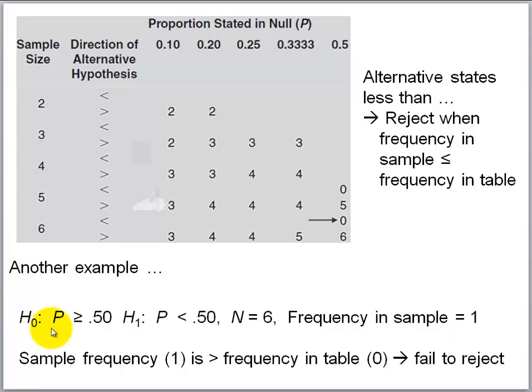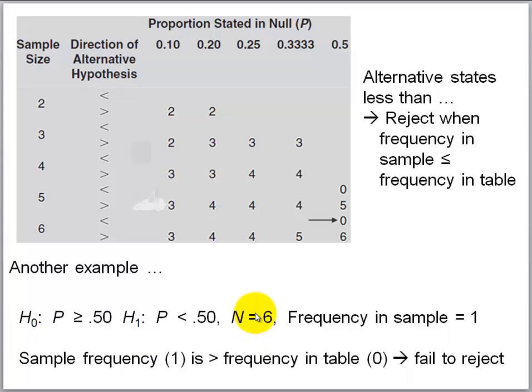Your null states that the proportion in the population is greater than or equal to 0.50. Your alternative states that the population proportion is less than 0.50. Your sample size is 6. The frequency that you obtain in your sample is 1.